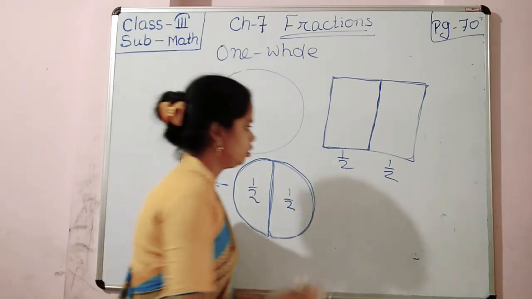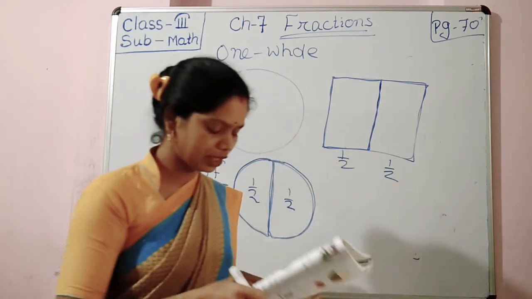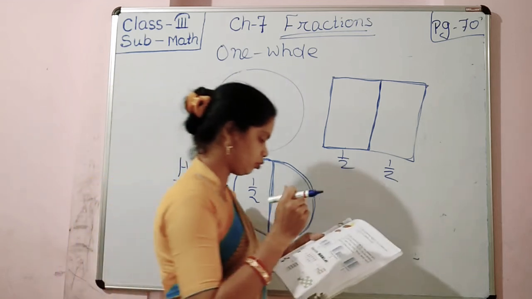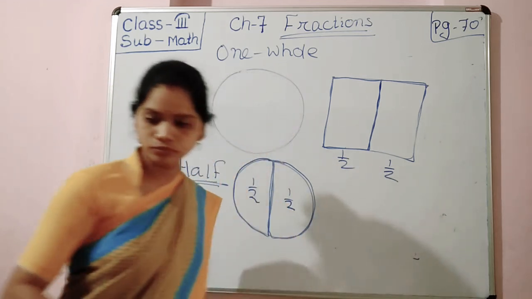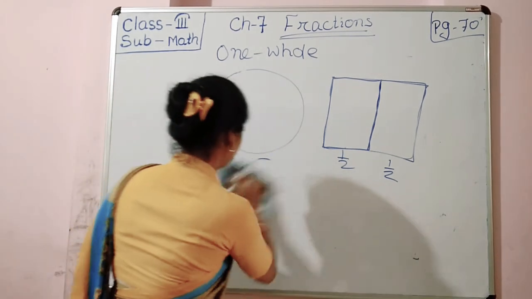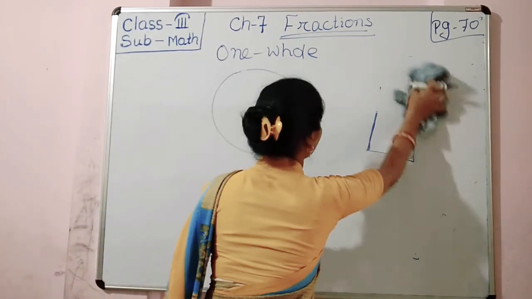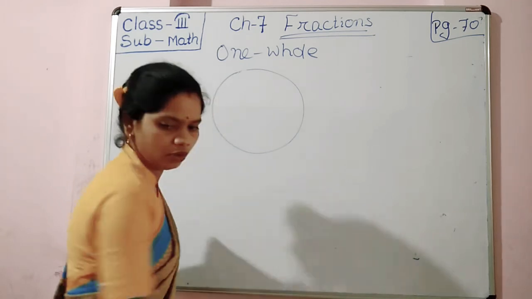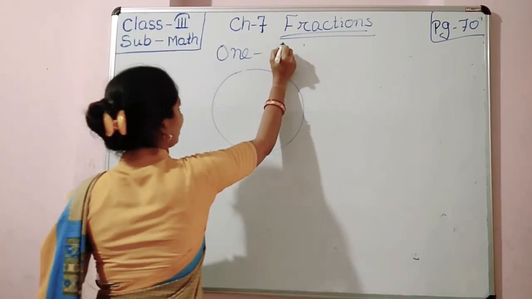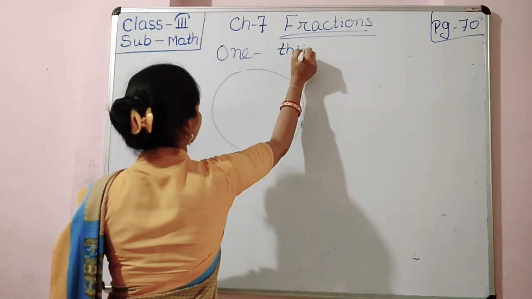Next, look, 1/3. First we know one whole, next half, then one third, T-H-I-R-D, 1/3.